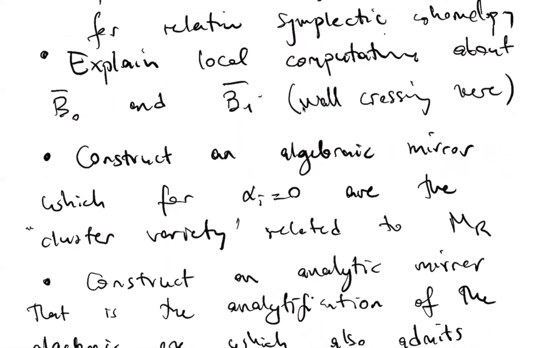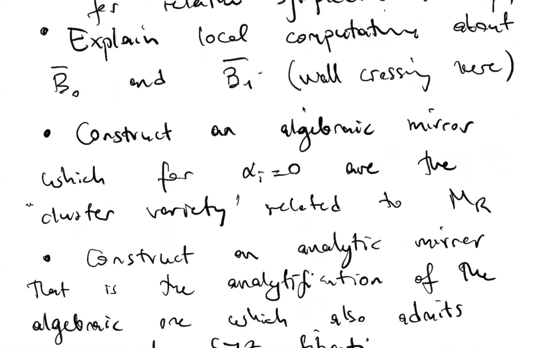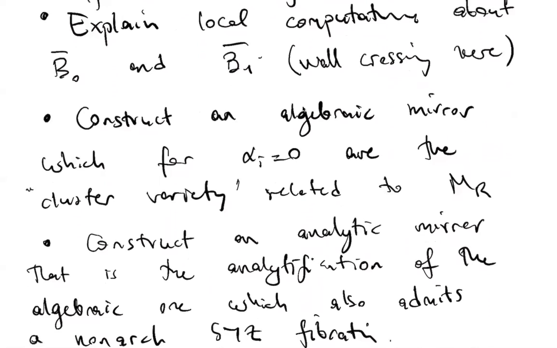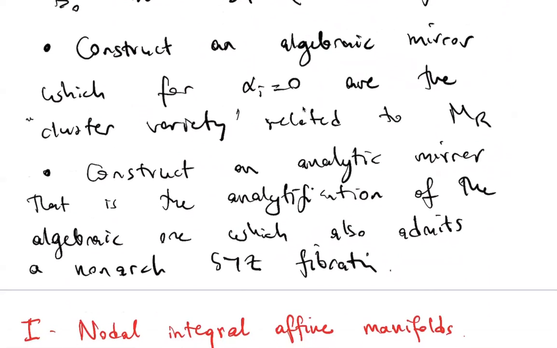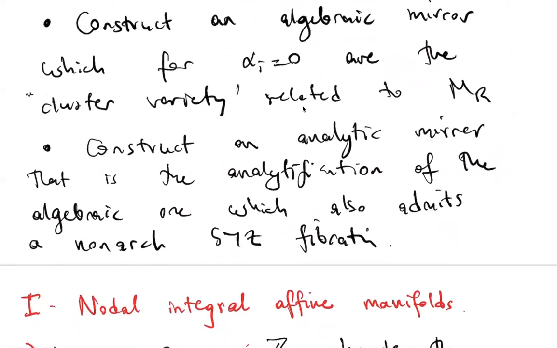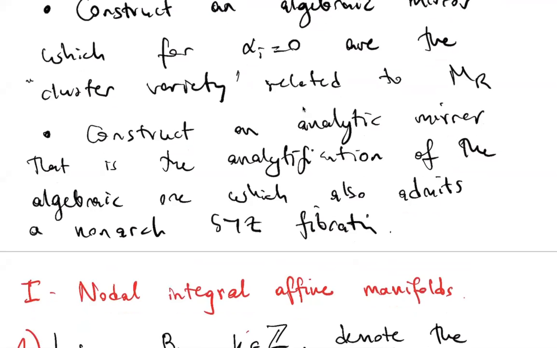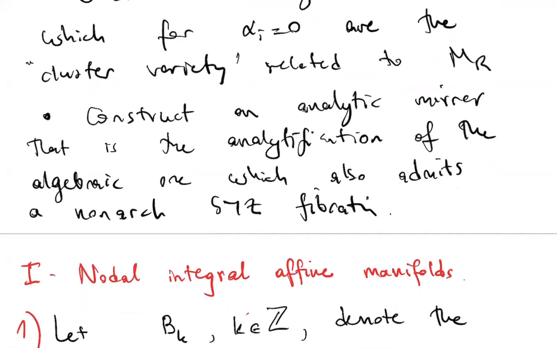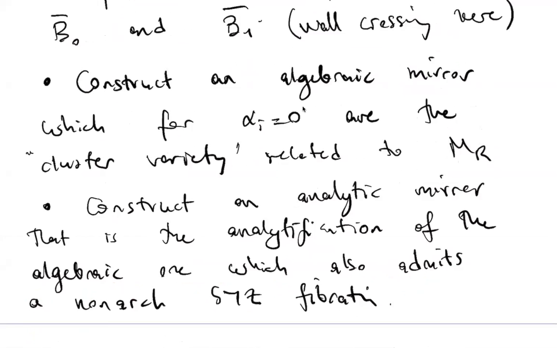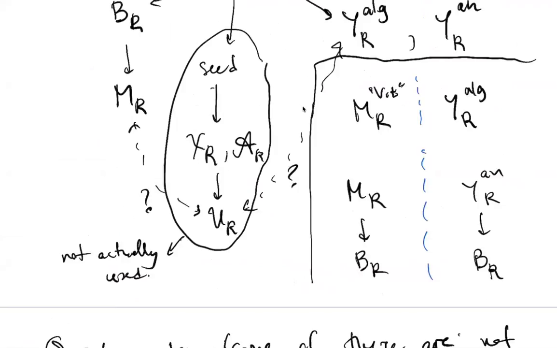And I would like to explain some local computations on some models that actually capture all the necessary computations by using general principles. And I will construct an algebraic mirror. And I will briefly explain how one would construct an analytic mirror, which is supposedly the analytification of the algebraic mirror. Okay, so all of this is joint work with Yoel Groman.